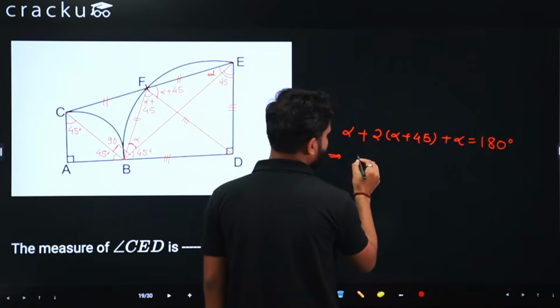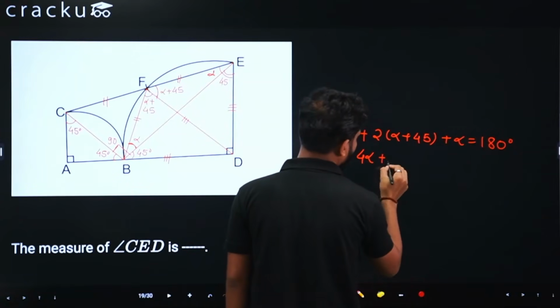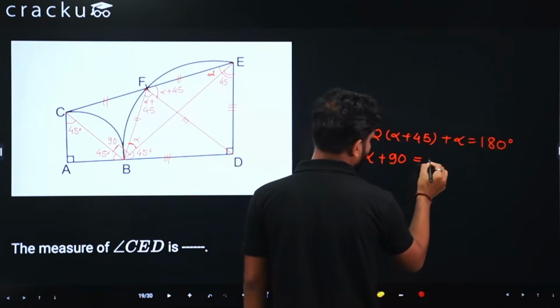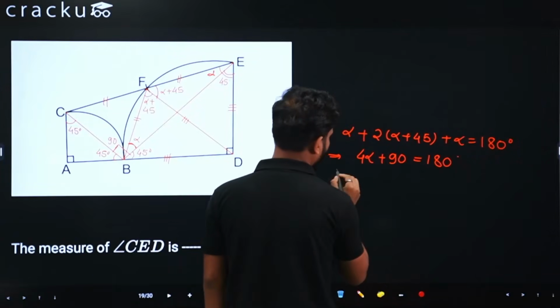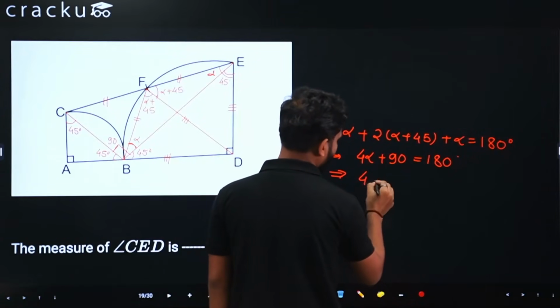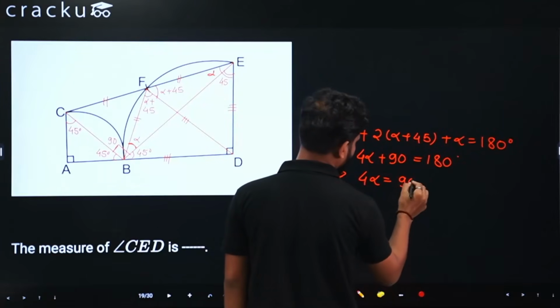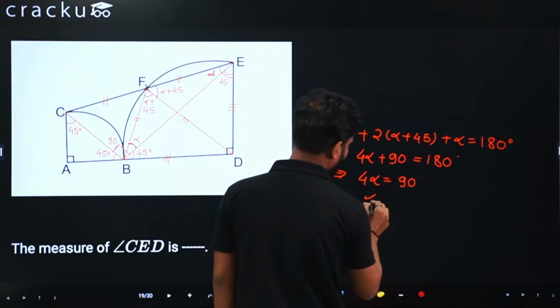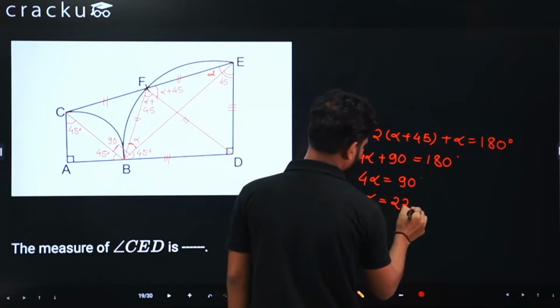From here I can say 4 alpha plus 90 is equal to 180 degree, or 4 alpha is equal to 90 degree, or alpha is equal to 22.5 degree.